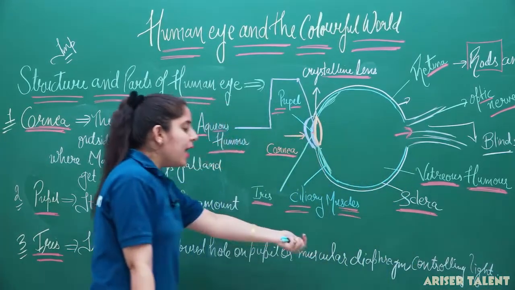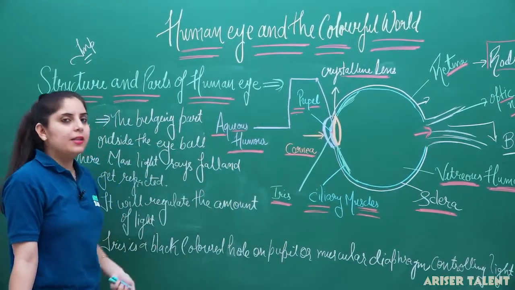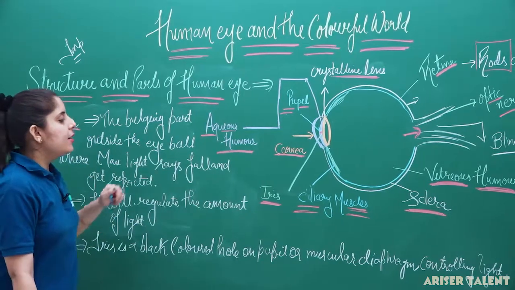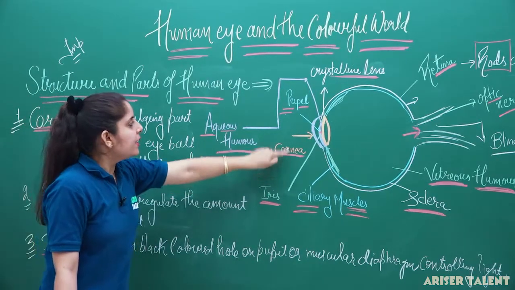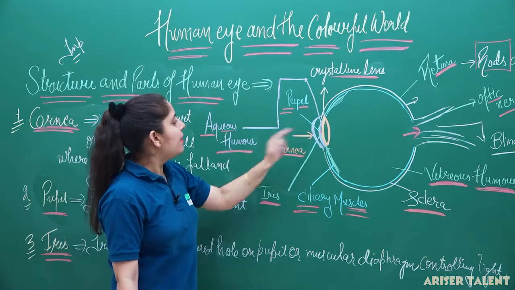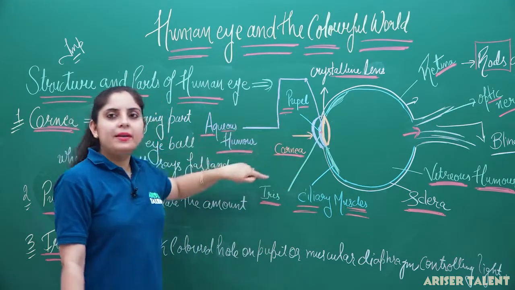This muscular diaphragm is controlling the light rays which fall on it. Now, the cornea is completed, the pupil is completed, and the iris is completed. We have completed the 3 parts.